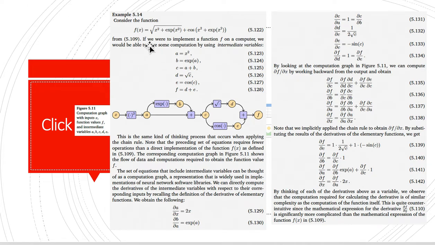Let's say we consider this function f(x). If we implement a function on a computer, we can save some computation by using intermediate variables. So let's say a is equal to x to the power of 2, b is the exponential of a, c is a plus b, d is the square root of c, e is cos c, and f is equal to d plus e.